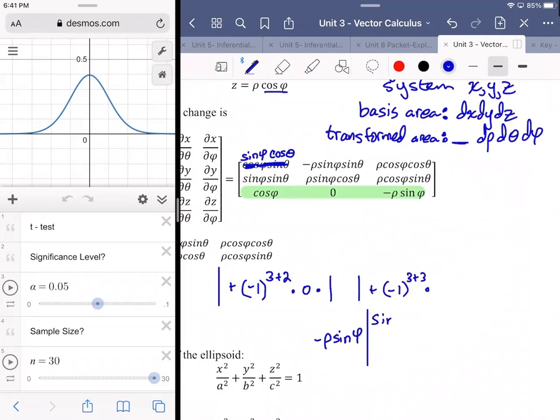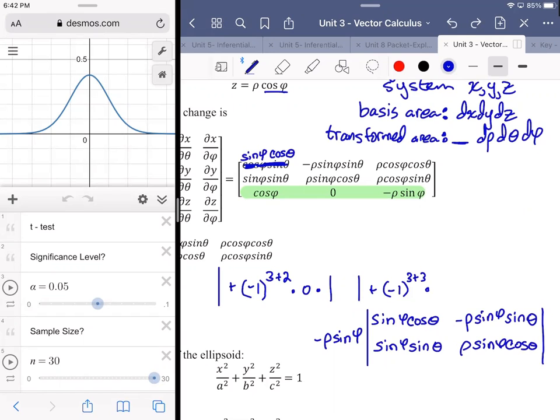Sine phi cosine theta. No, it's pretty cool, but not what I need.